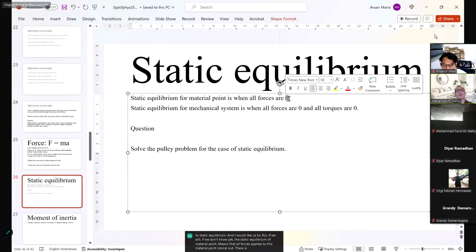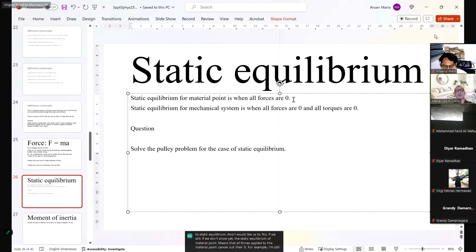They're zero. For example, I'm sitting on the chair. My weight is, for example, 700 newtons, but the chair pushes me back with the same force of 700 newtons. So I and the chair are in static equilibrium. I'm not moving and my chair is not moving.